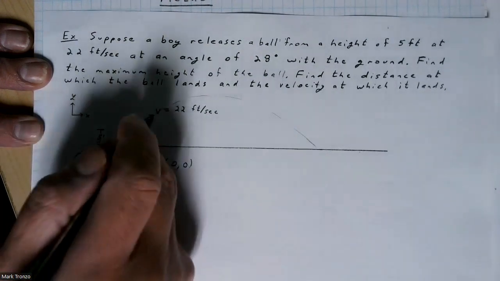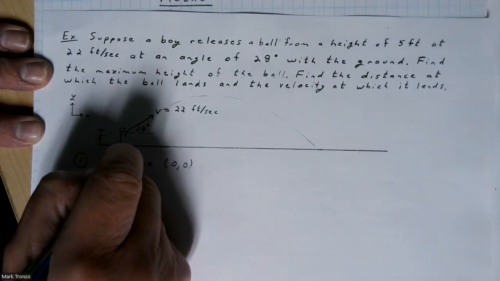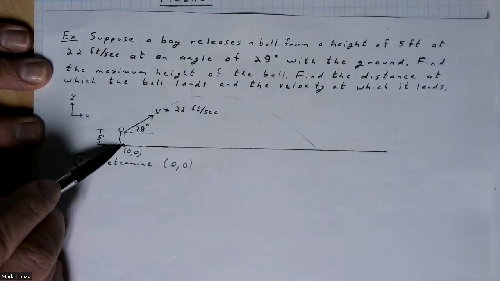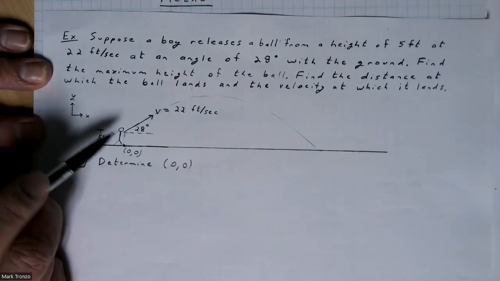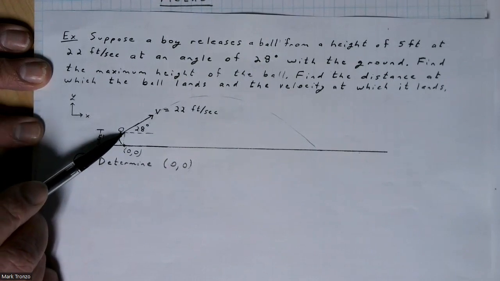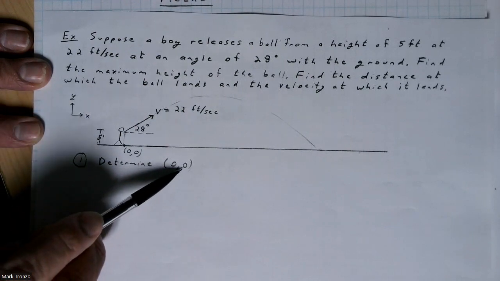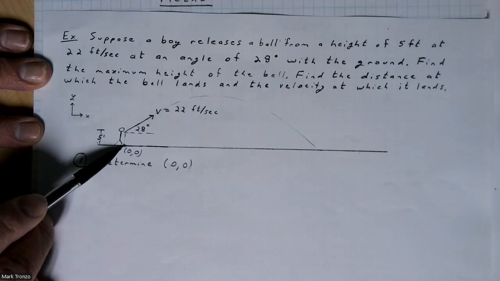In other words, I'll make this point right below where the ball is released 0, 0. Then that means where he's actually releasing the ball is going to be 0 on the X and 5 on the Y. So the first thing we have to do is determine where 0, 0 was. I picked this here.